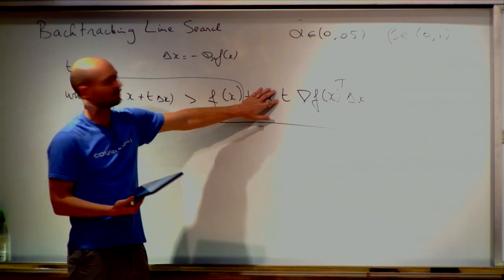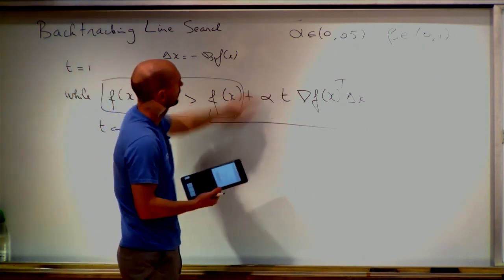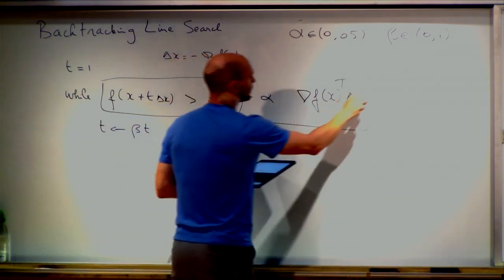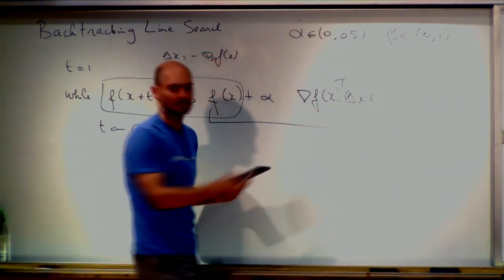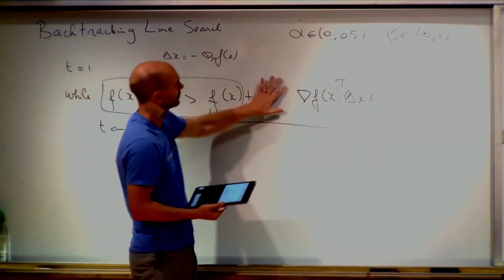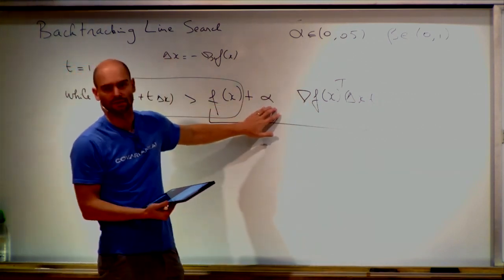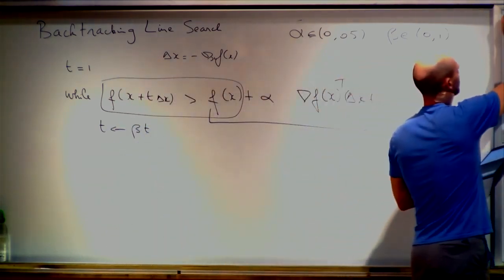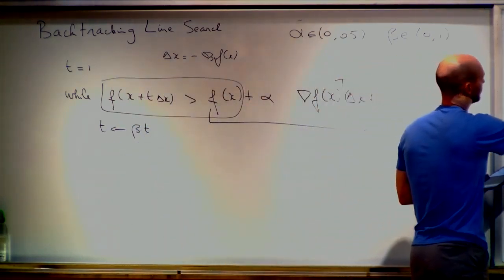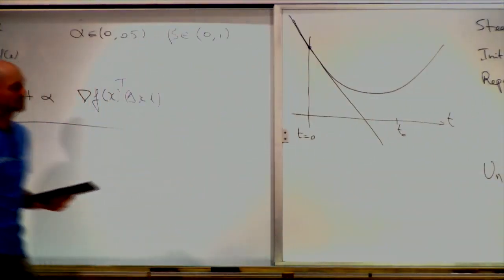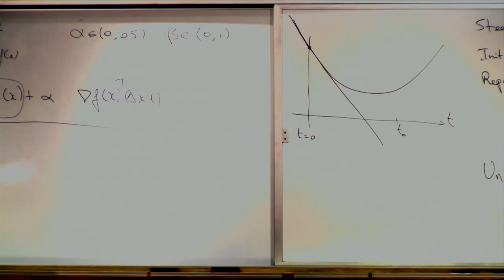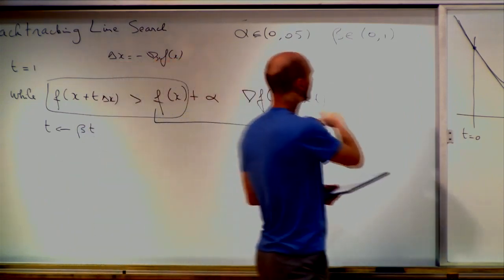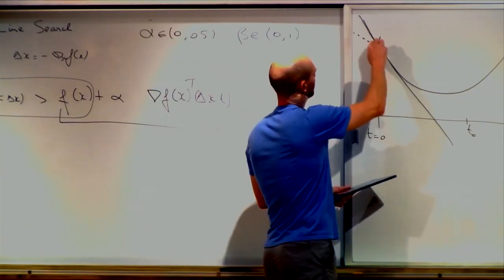Delta x times t is how far I'm stepping, and this is the gradient. So I'm just looking at the linear approximation, but the rescaled version of it. So the linear approximation might go like this. And in that rescaled version, alpha is between 0 and 0.5. What that means is it's pulling the slope of this thing closer to 0. So with an alpha that's not 1, it'll look something like this.